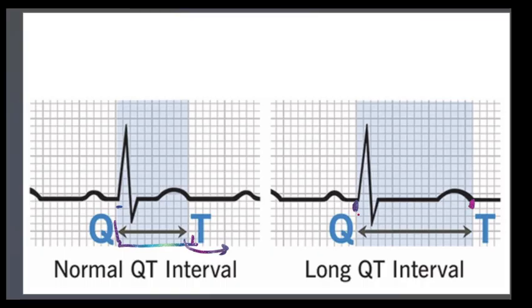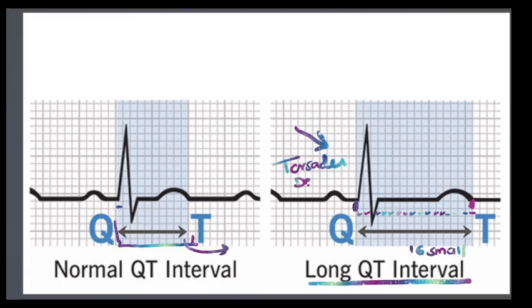If we count the number of small boxes, 1 2 3 4 5 6 7 8 9 10 11 12, it's definitely more than 12, 13 14 15 16, almost 16 small boxes. What is the maximum? 11 to 12 boxes. This is 16, so this is long QT interval, prolonged QT. So a patient with this ECG can anytime develop torsades de pointes, a type of polymorphous VT.